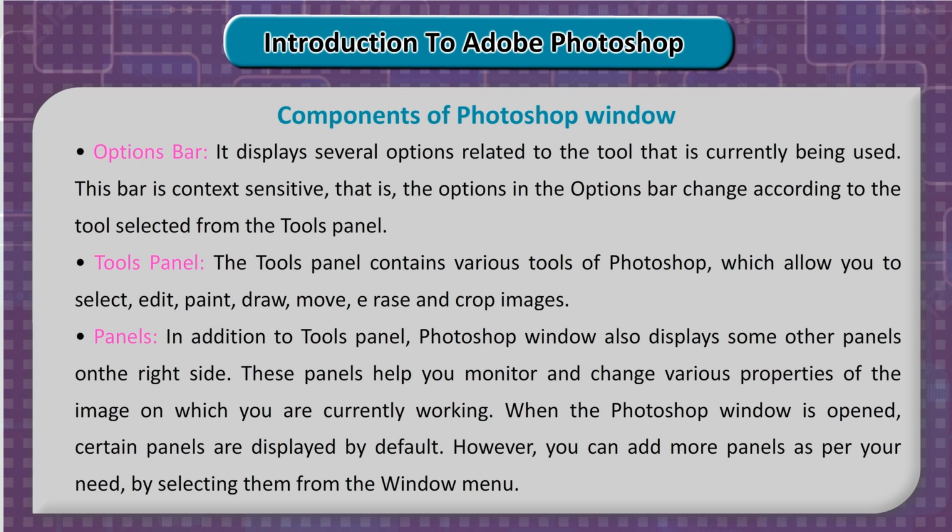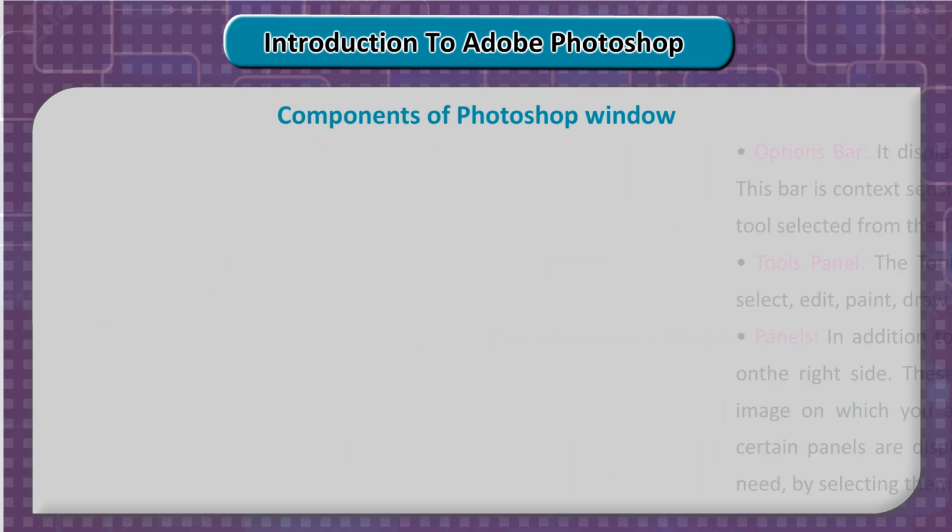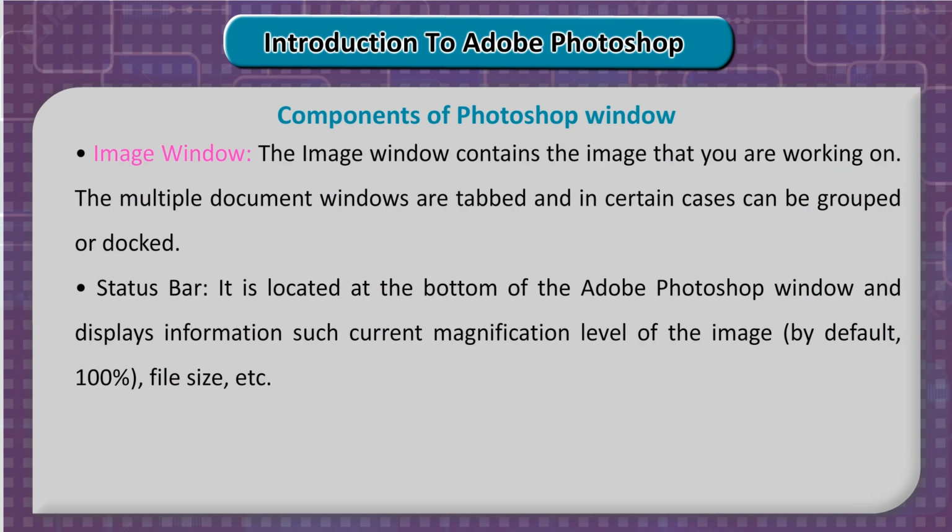However, you can add more panels as per your need, by selecting them from the Window menu. Image window. The image window contains the image that you are working on. The multiple document windows are tabbed and in certain cases can be grouped or docked. Status bar. It is located at the bottom of the Adobe Photoshop window and displays information such as current magnification level of the image, by default 100%, file size, etc.